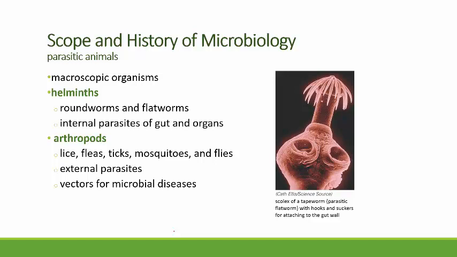They are important not just because they are parasitic, but because they also act as vectors for many microbial diseases. Viral and bacterial diseases, as well as protozoan-caused diseases like malaria, can all be transmitted by these kinds of arthropod organisms. So there you have it: the viruses, the bacteria, the algae, the protozoans, the fungi, and the macroscopic animal groups.